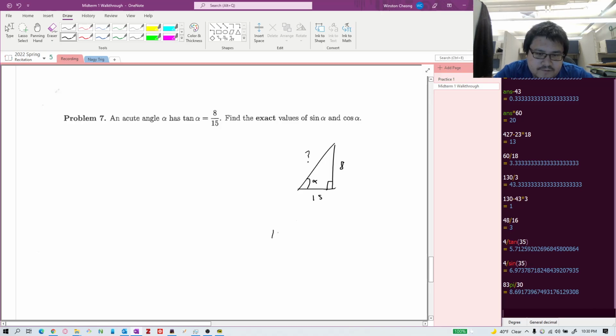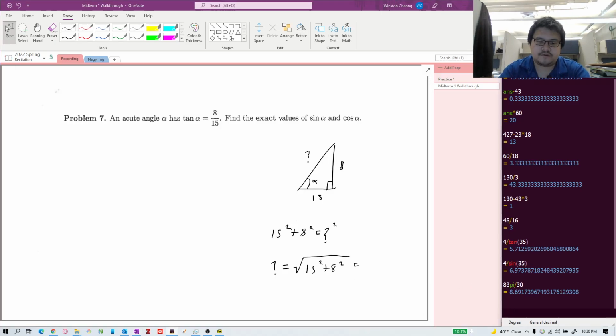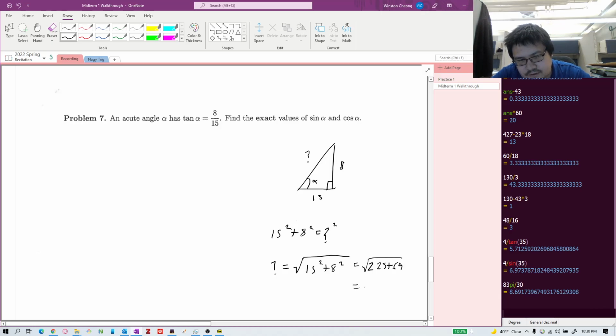Pythagorean Theorem says 15 squared plus 8 squared is equal to the hypotenuse squared. For this I don't really need a calculator. 15 squared is 225, plus 64, in a square root.